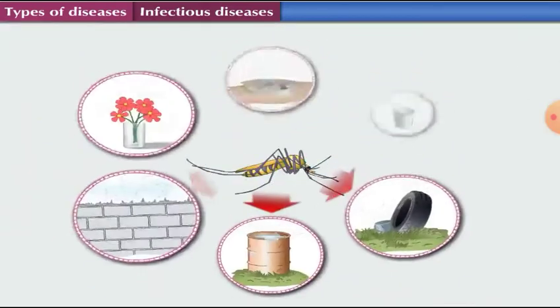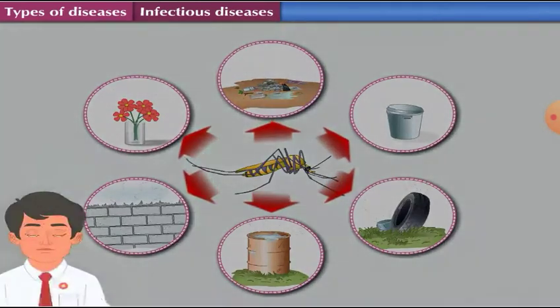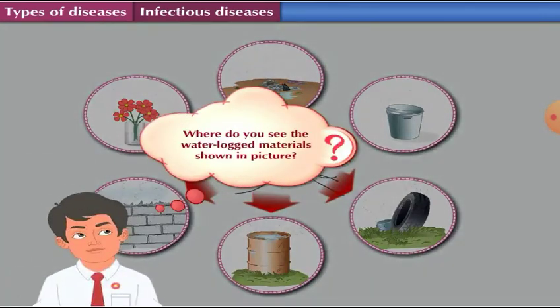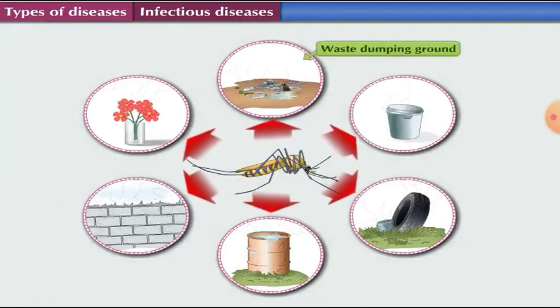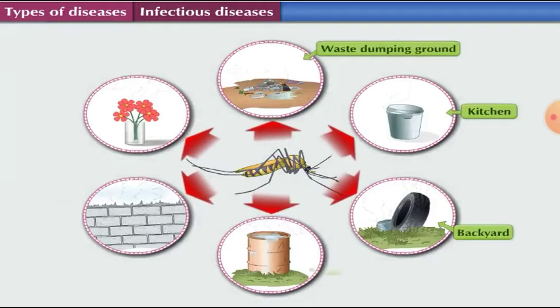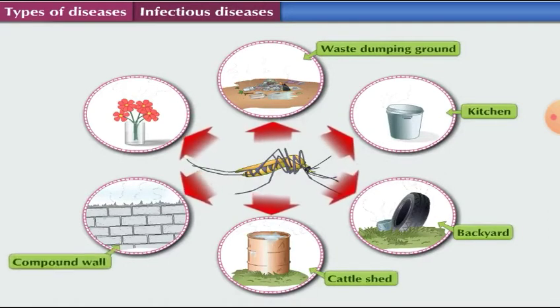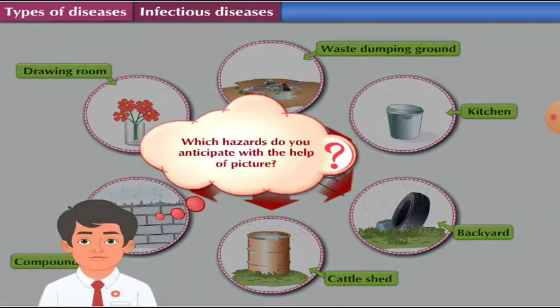Take a close look at this picture. Where do you see the waterlogged materials shown in the picture? We see these waterlogged materials at the waste dumping ground, kitchen, backyard of our house, cattle sheds, compound walls, and in our drawing room. Which hazards do you anticipate with the help of the picture?